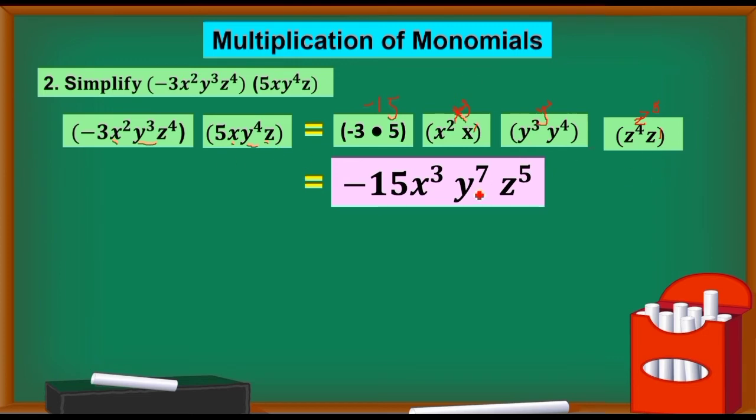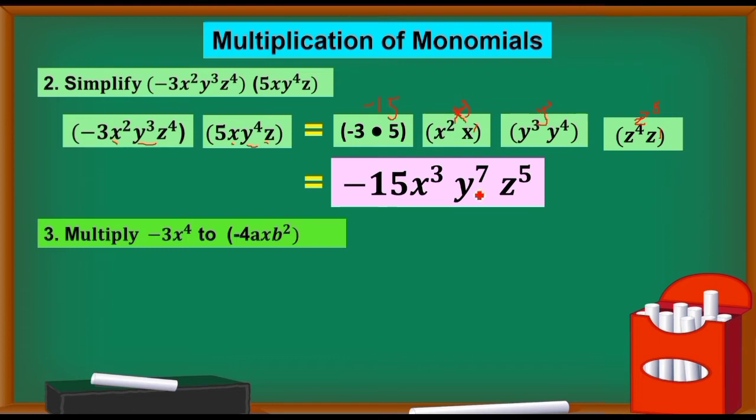Okay? So, ayan po. And then, last example for multiplication of monomials. Let us multiply negative 3x raised to 4 times negative 4axb squared. Tandaan, pagsasamahin lang natin yung magkakaparehas na variable.